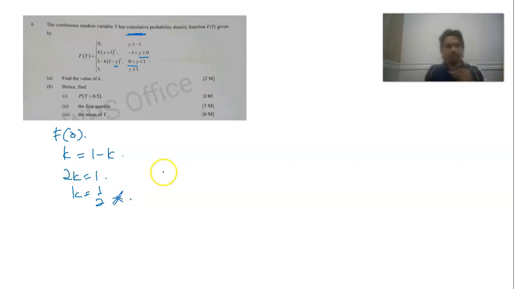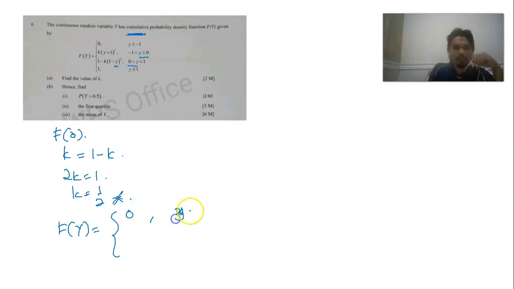There you go. So rewrite the function. F(y) equals 0 for y less than or equal to -1.